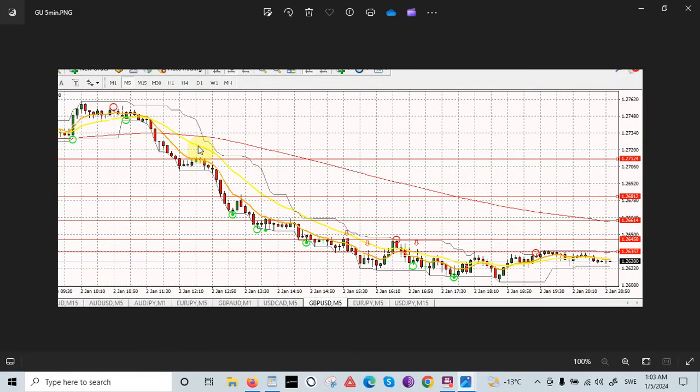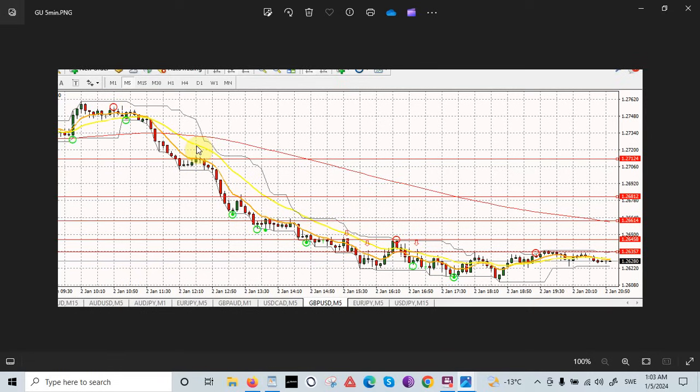And then my personal favorites, I'll show you a couple of examples. I caught some this week, some really great ones. 15-minute orange line entries are my personal favorite.